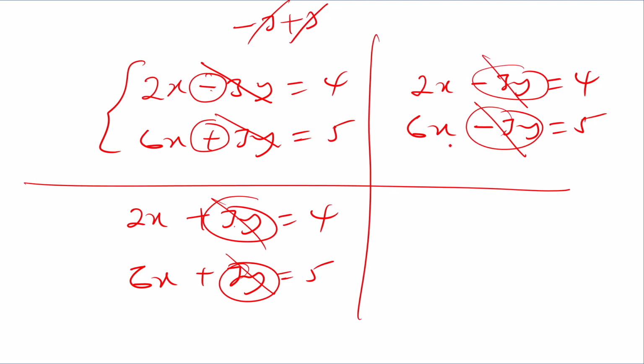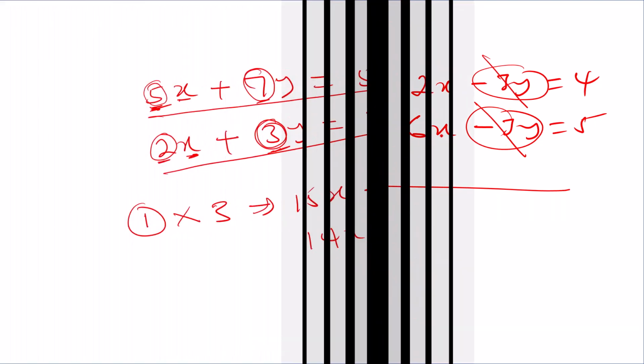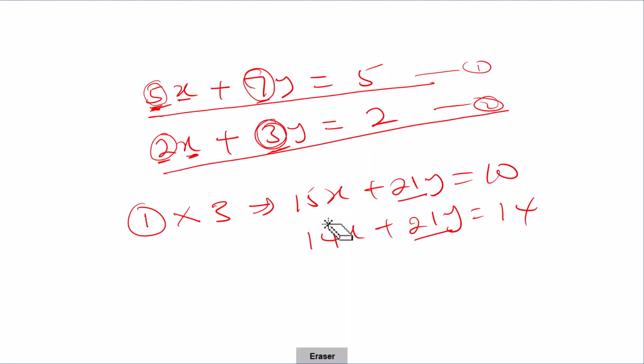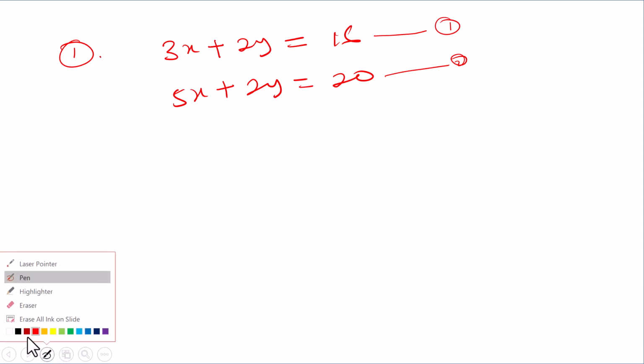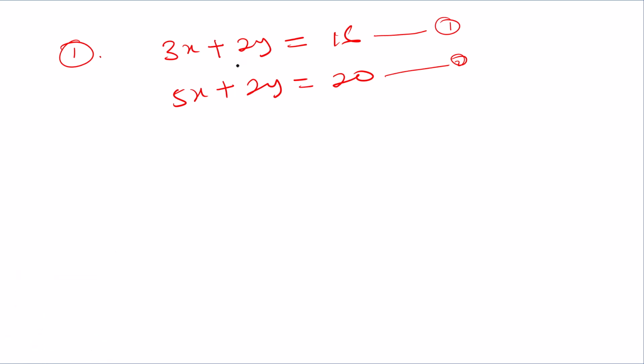Alright, so let's solve proper examples. Let's look at this example. We are going to solve these equations by the elimination method. Let's name the first equation, equation 1, and the second one, equation 2. We are going to observe the coefficients.